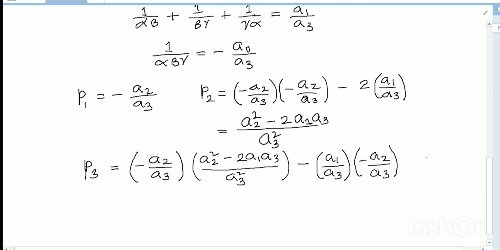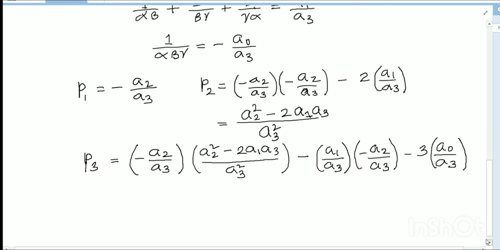Okay, minus 3 into a0 by a3. This is the formula of the Newton's sum. So 3 into a0 by a3. The formula I have already discussed.